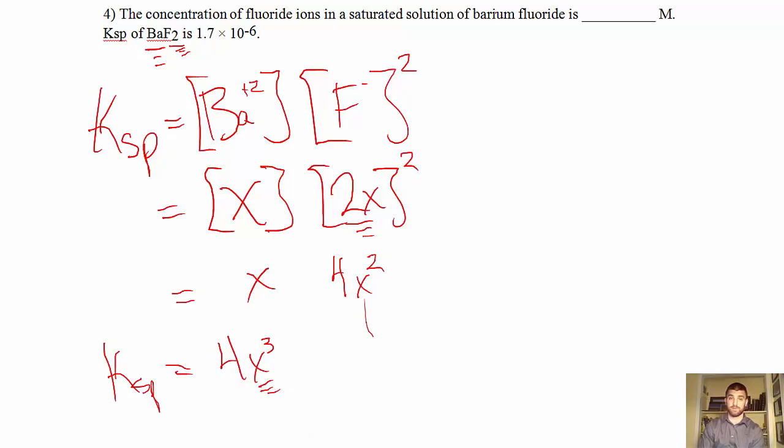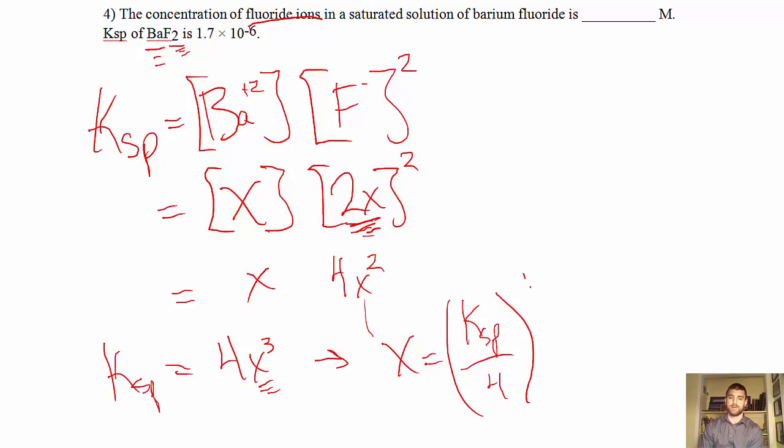So what we're trying to find is the molar solubility, which is x. Actually, we're not. We're trying to find the fluoride ion concentration. So we're trying to find 2x. The first step is to find x. So we do some algebra, and we get x equals KSP over 4 to the 1/3 power, and we get 7.52 times 10 to the minus 3.